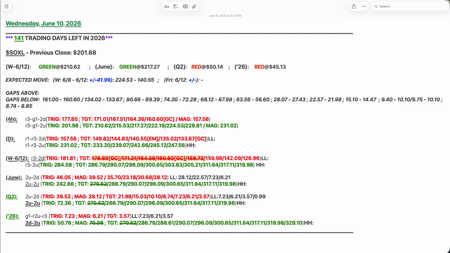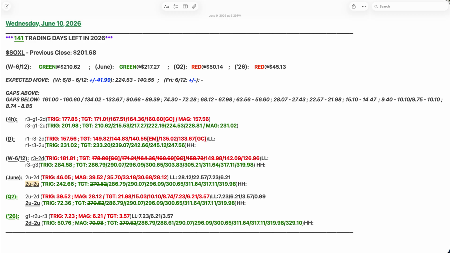On the day, we went 1-3 today, right? So today went 3. Yesterday was a 1. So what that leaves us is a possibility for a 2 up or a 2 down. No STRAT reversal, but there could be continuation at this point to the downside. Should that happen, that triggers at 157.56.